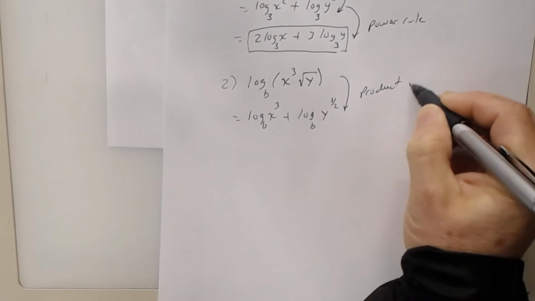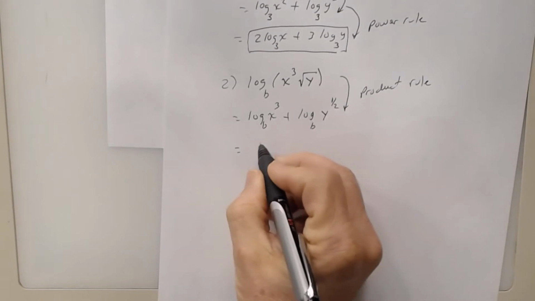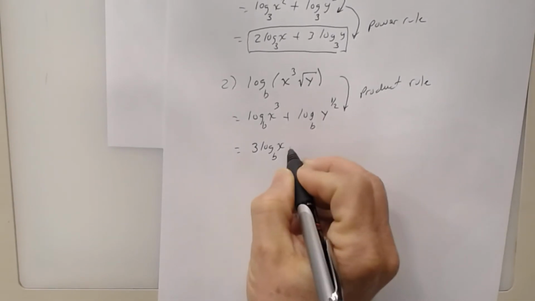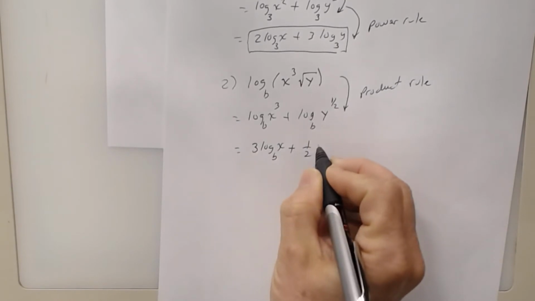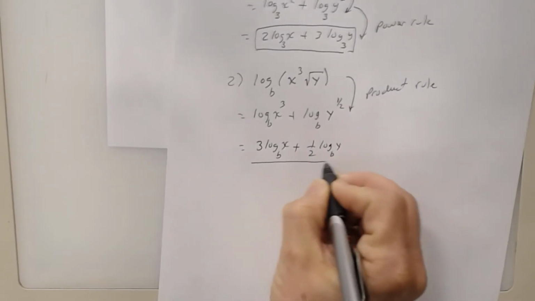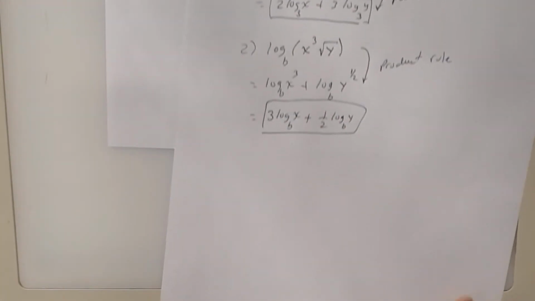And then I'll finally just use the what? Power rule. So I get 3 log x base b plus 1/2 log y. And I can't do anything else. That's all you can do.